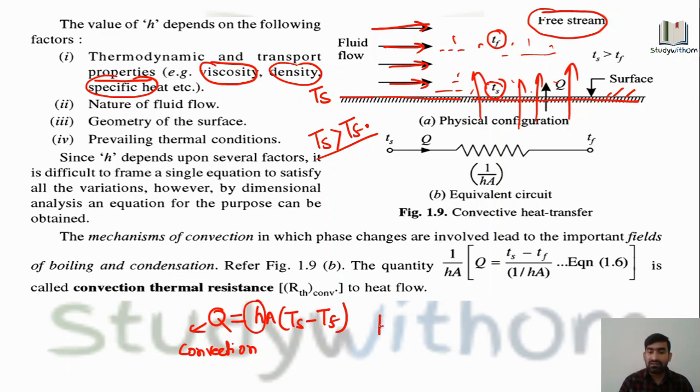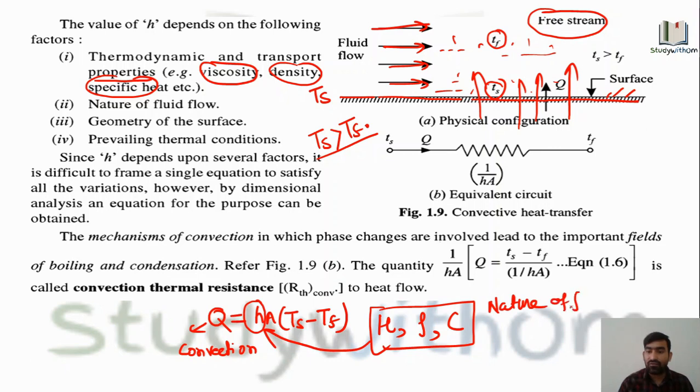So it is viscosity, density and specific heat upon which this H depends, right? And the nature of the fluid flow. What is the nature of the fluid flow upon which this H also depends, and the geometry of the surface.